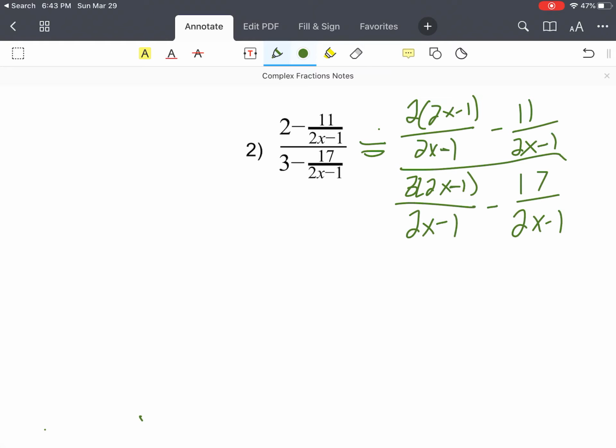Okay, so I got common denominators. My next step is going to be to go ahead and combine these things. All right, FOIL and combine.